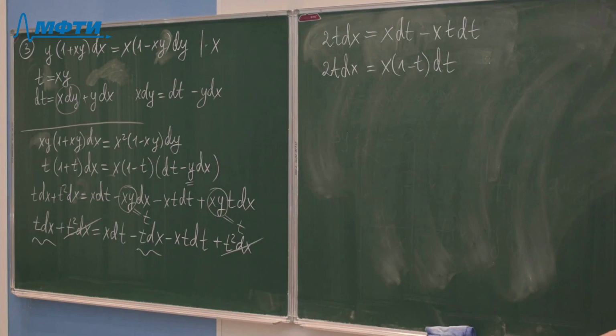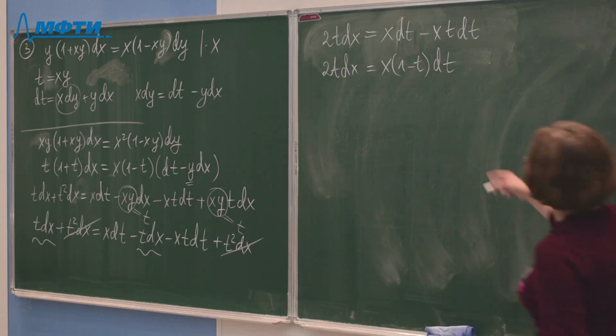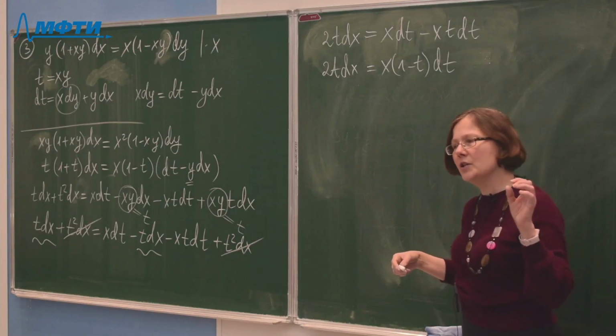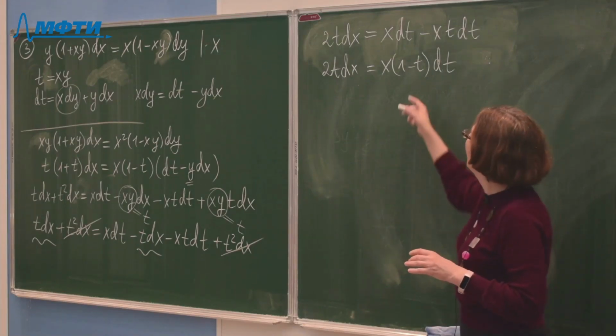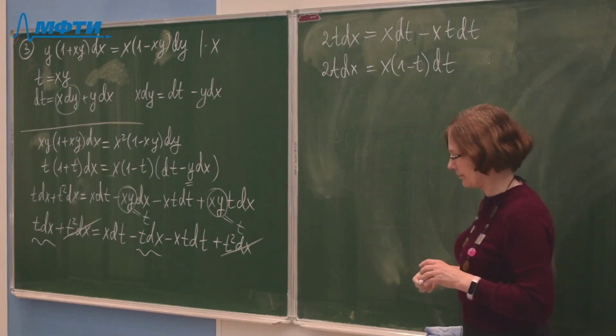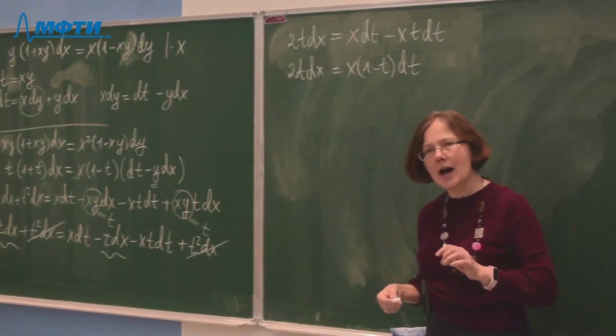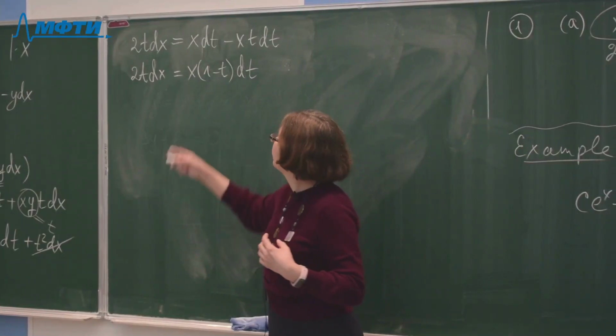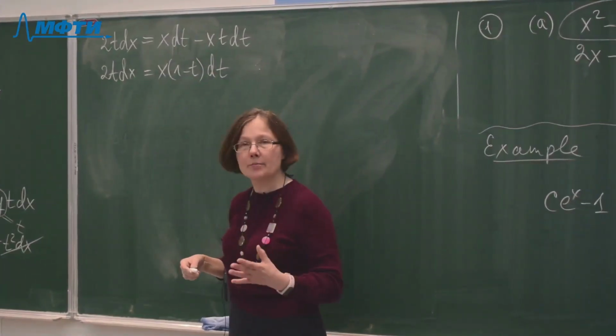Okay. Now, is this equation separable or not? How to check this? So we have no factors involving the sum or difference or some linear combination of different variables, right?